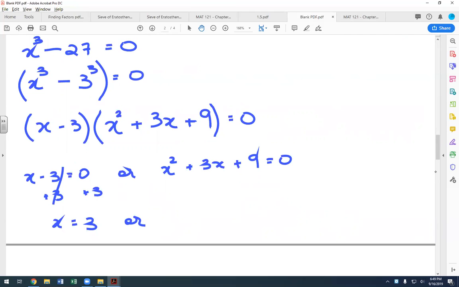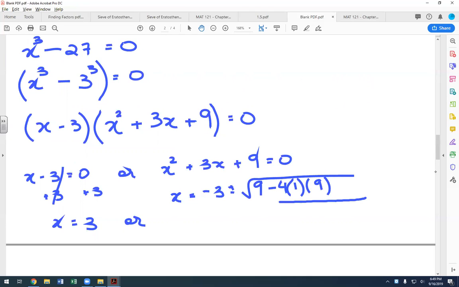Or quadratic formula. Does anybody know what kind of answer we're going to get from a quadratic formula here? Are we seeing anything inside the radical?